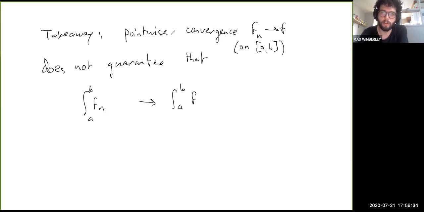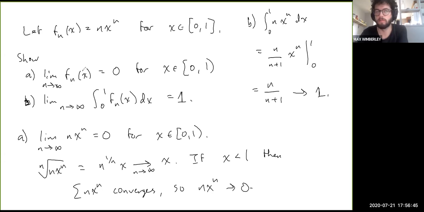But anyway, in this case, the integral from a to b of f would just be 0, right? Because f would just be the constant function 0 on this set. On the closed interval, it's the function 0, and then at one point, where x equals 1, it's like, I guess, infinity.